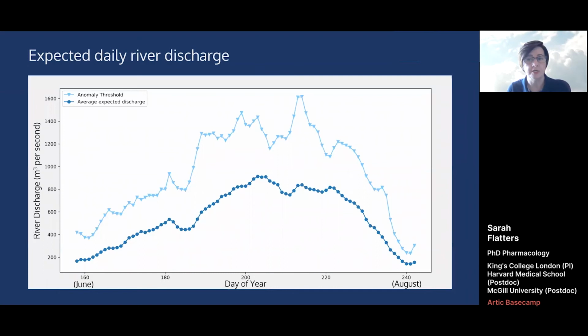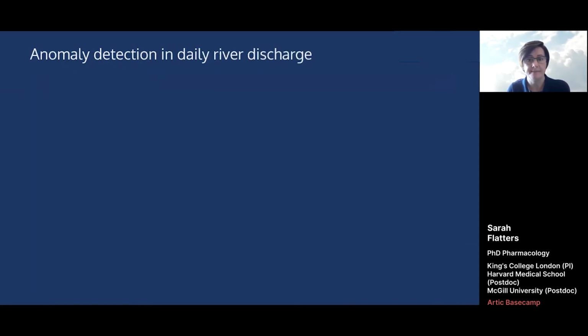The dark blue line is the average expected discharge for each day of the melt season. With a statistical approach, the distribution of the expected discharge was defined. The upper limit of this distribution, indicated by the pale blue line, acts as the anomaly threshold for each day.